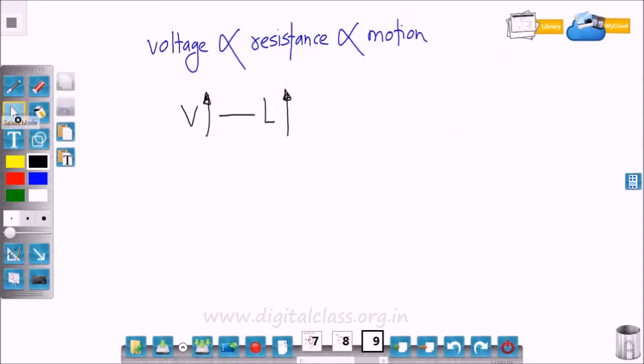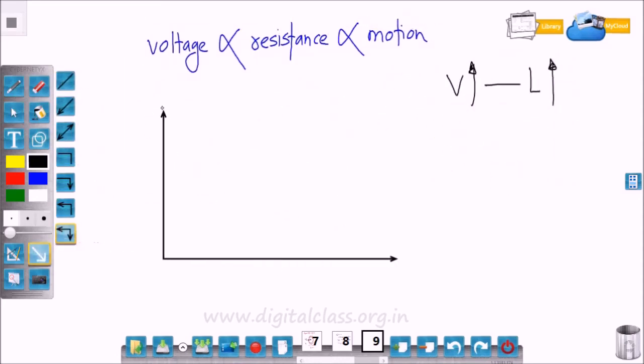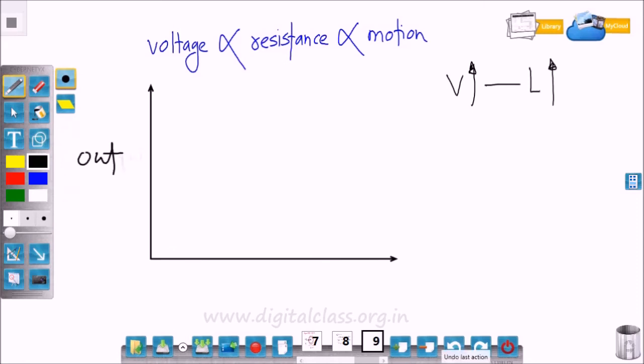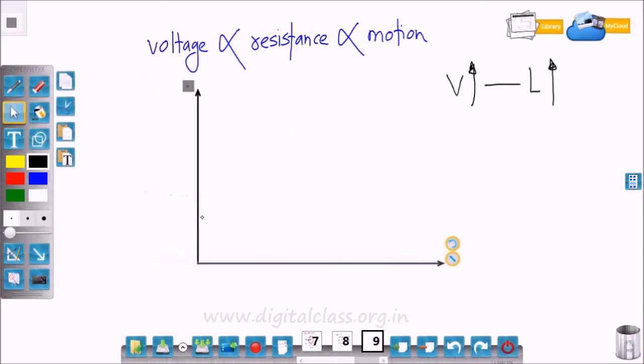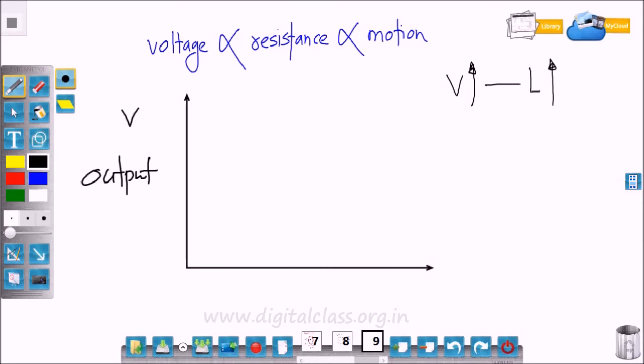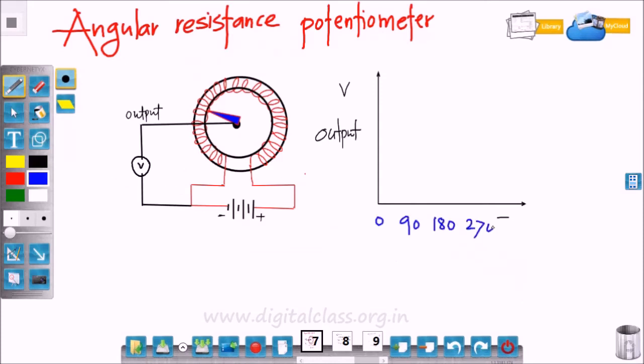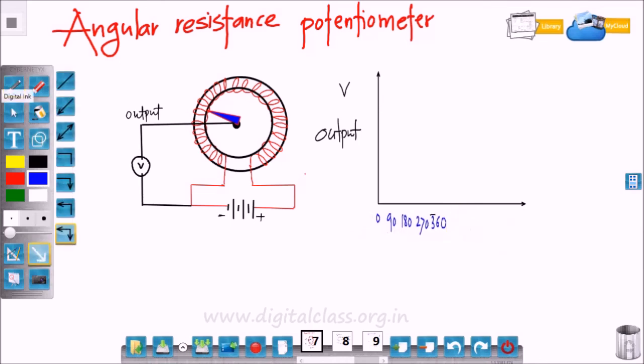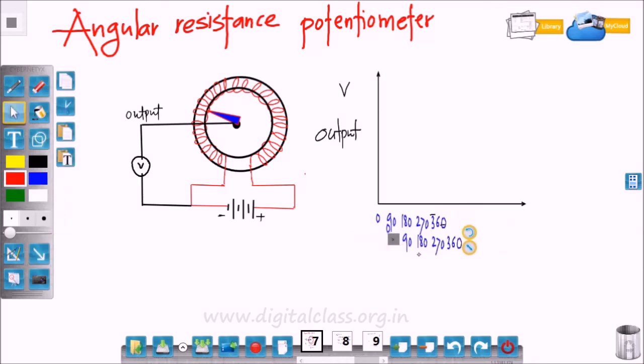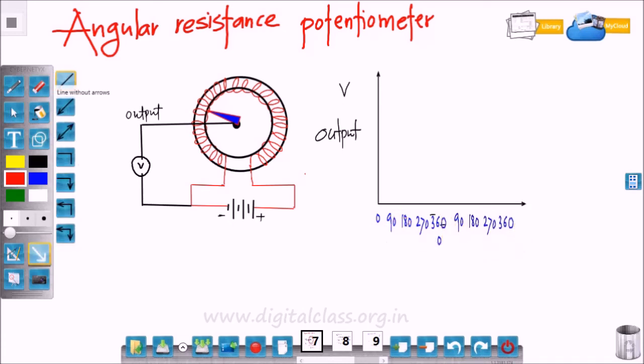So we can plot an output versus input graph, output on the y-axis and input on the x-axis. For this angular resistance potentiometer, as the pointer moves, resistance increases and voltage also increases. So voltage is directly proportional to the angular motion of the pointer. That's why we get a linear relationship.